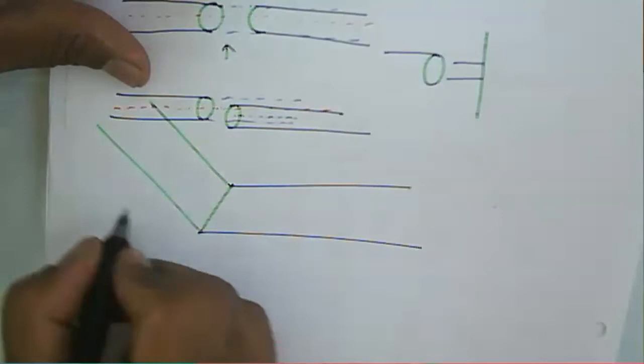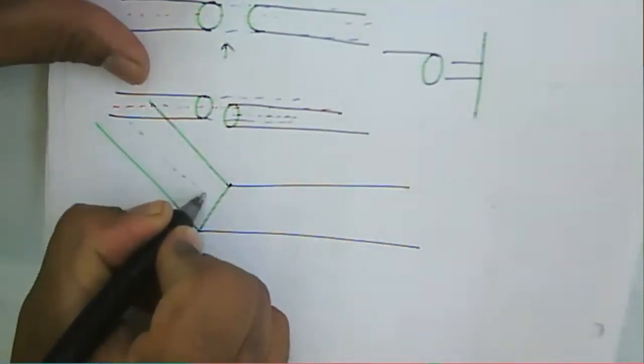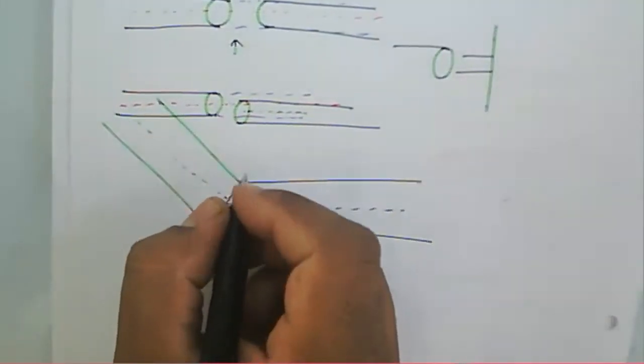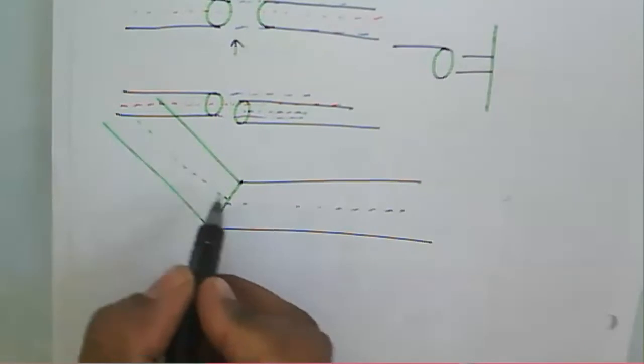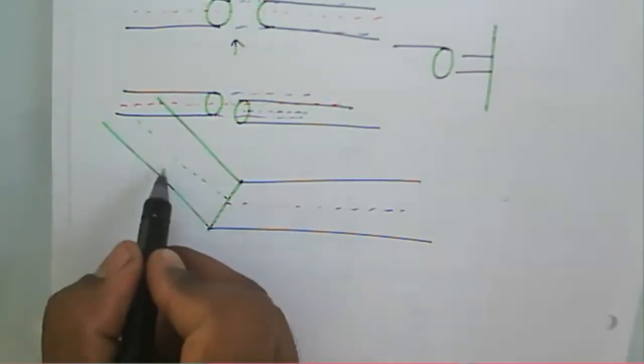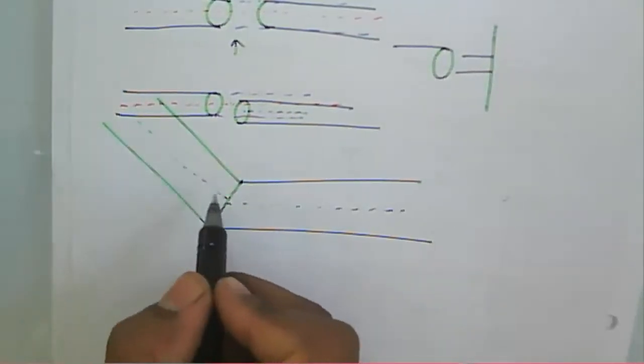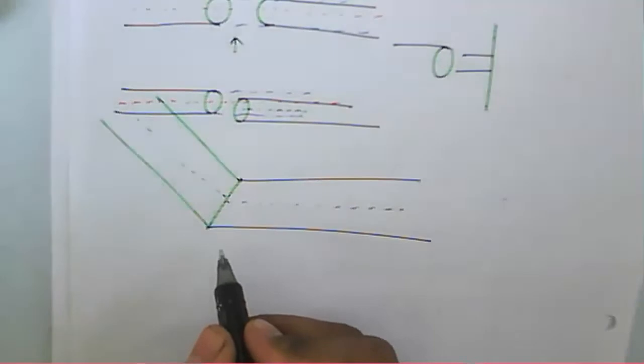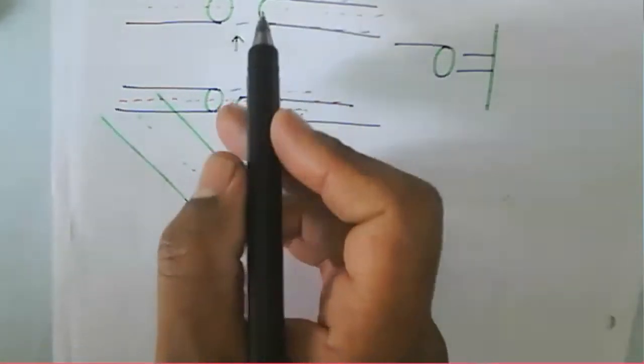When we join the fibers, this is the axis of one fiber and this is the axis of the other fiber. There will be an angle between the core axes. Then losses will occur. That's why the axis has to match.